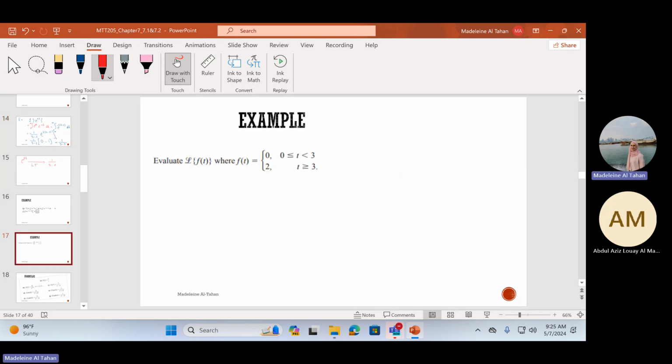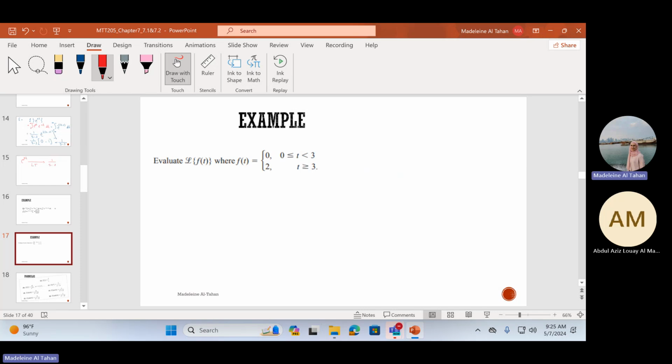Can we think about this exercise? If you look at this function, it's given as a piecewise defined function. Between 0 and 3, it's given as something, and greater than 3, it's given as something. We need to find its Laplace transform. Both of them are one function.